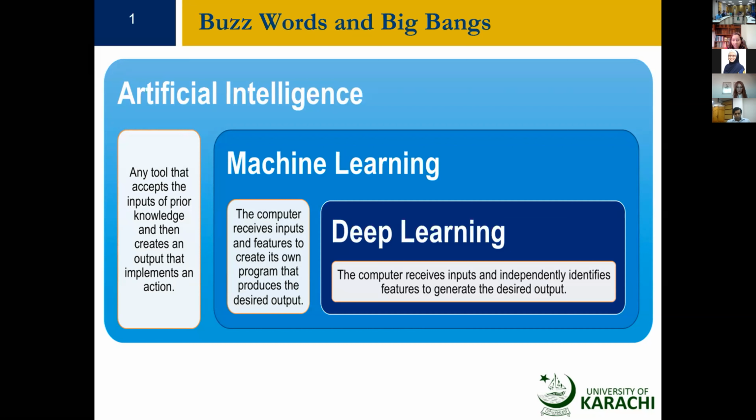So I hope I helped you to clear up these buzzwords. Artificial intelligence is the classical artificial intelligence, which we were doing before the 90s. Between the 90s and 2010, what we were doing is machine learning. And after 2010, what we all see is basically deep learning.